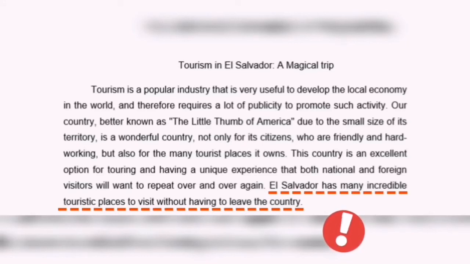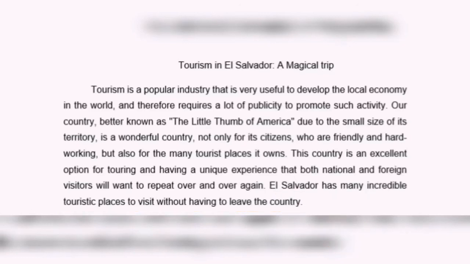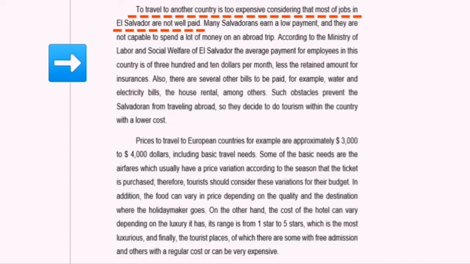This is called thesis statement. It says, El Salvador has many incredible touristic places to visit without having to leave the country. In the main paragraph, it has the function of a topic sentence, and in the essay, it has the function of thesis statement.